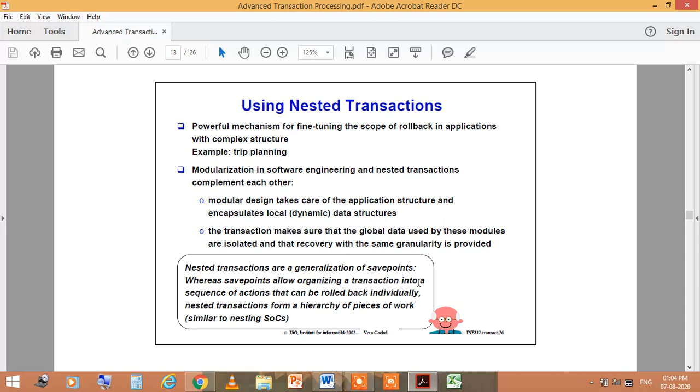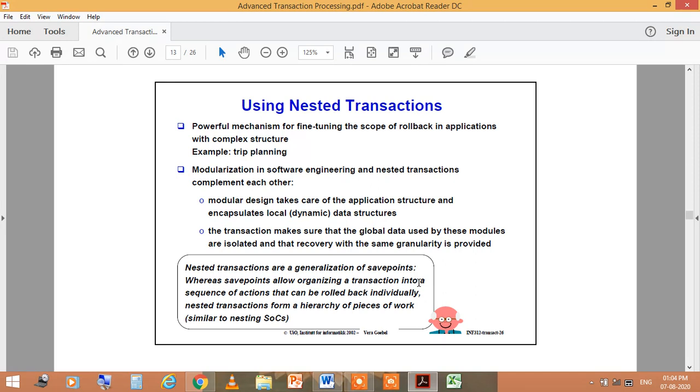The modular design takes care of the application structure and encapsulates local, that is dynamic, data structures. The transaction makes sure that the global data used by these modules, and these modules are basically isolated, okay, so that they recover with the same granularity which is provided.